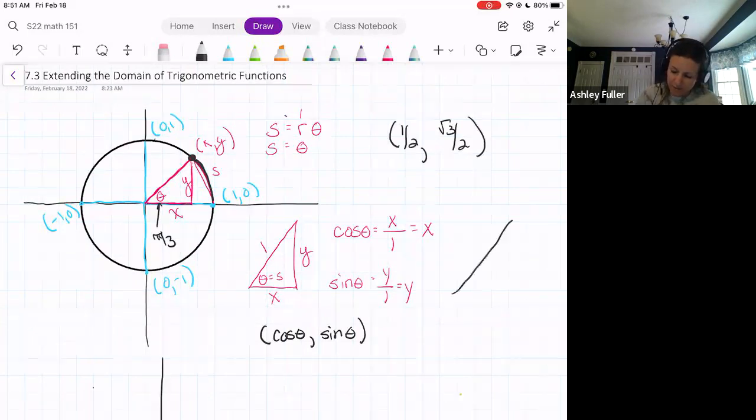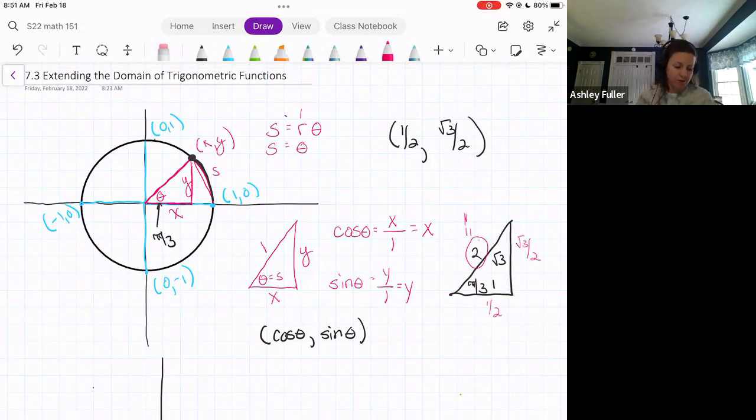Because again, if we draw it as a triangle, if this is pi over 3, we know our ratios are 1 to square root of 3. But remember, this is the unit circle, so this has a radius of 1. This becomes 1/2, and this becomes square root of 3 over 2.